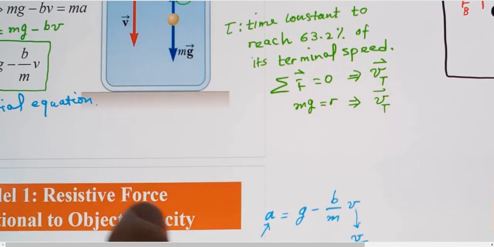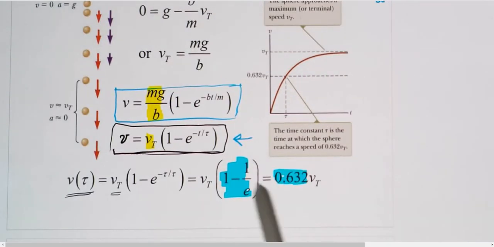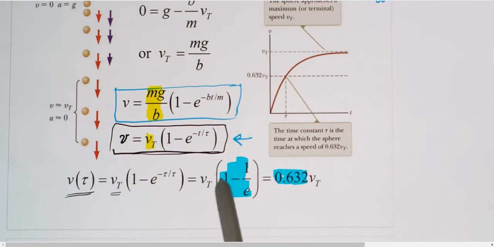And why it's fixed? Because we have an exponent. So 1 minus 1 over e is a fixed value. It's always fixed, 63.2%.